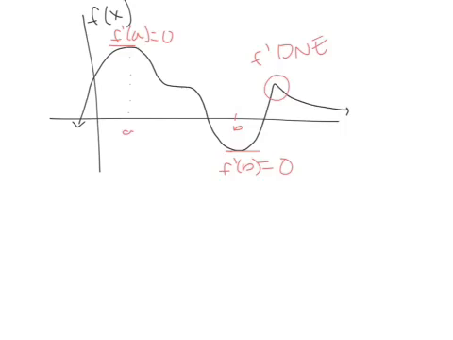My graph is still at a local maximum there. But what we need to keep in mind is that right here, my derivative is also 0. If you draw a tangent line in that region, your derivative is going to be 0.